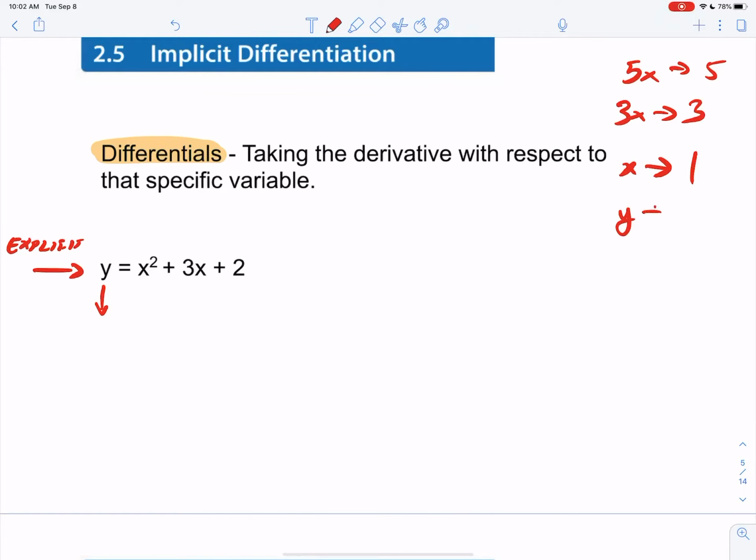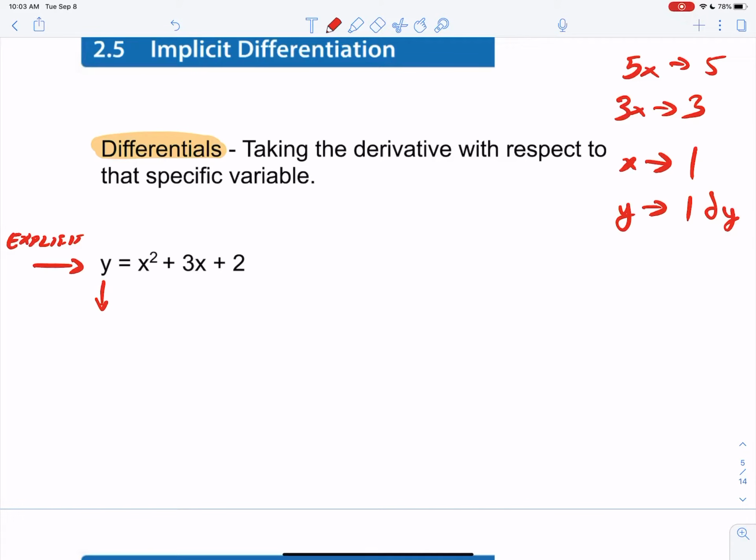So the derivative of y is really just 1 as well, but with respect to y, okay? So the dy just means with respect to y. It really means the differential, but we'll read it as with respect to, okay? So the differential of y is just 1 with respect to y.